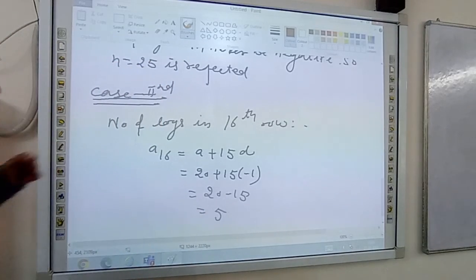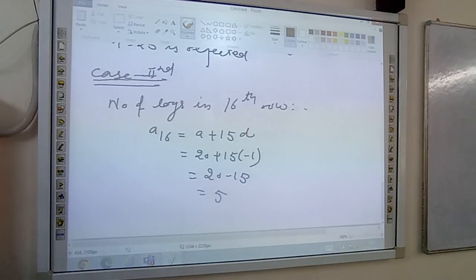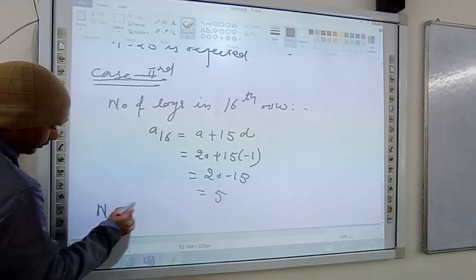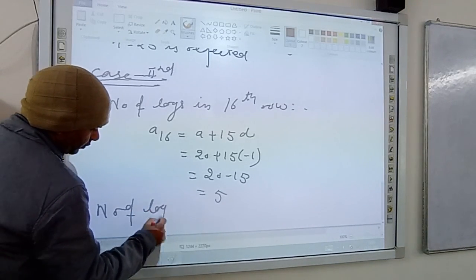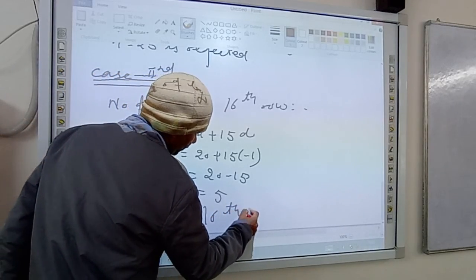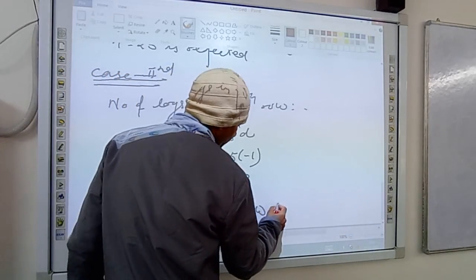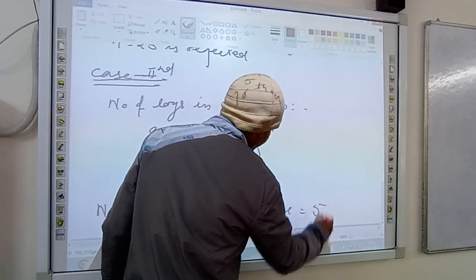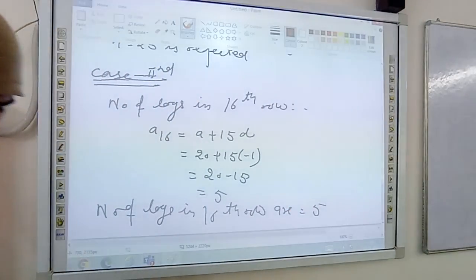So the number of logs in the 16th row is 5. Any doubt, any problem?